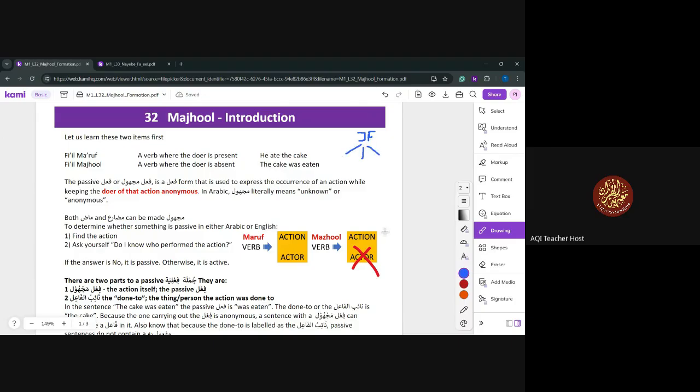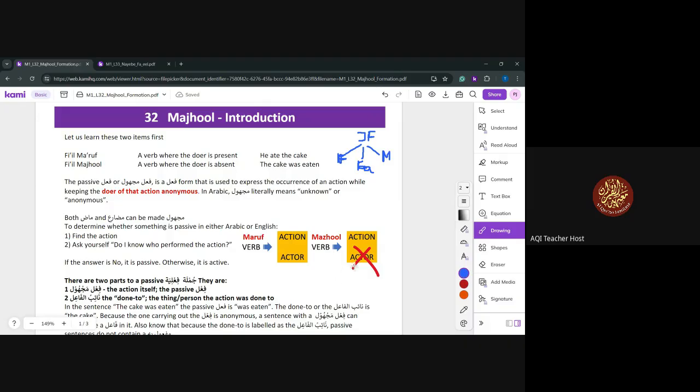Can anyone unmute themselves and say what the three components of Jumlatul Fi'liya sentences are? Fa'il, fi'l, and maf'ul. Great. So we have three components in a Jumlatul Fi'liya sentence: fa'il, fi'l, and maf'ul. Fi'l is a verb, fa'il is the doer, and maf'ul is the object, right?